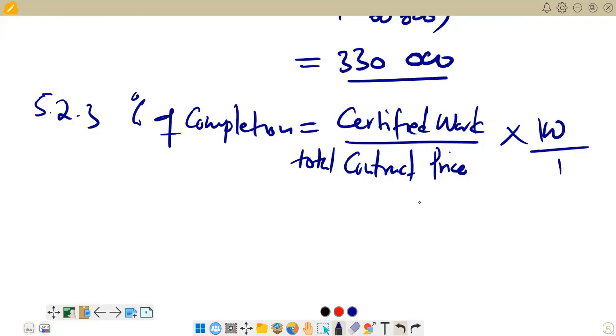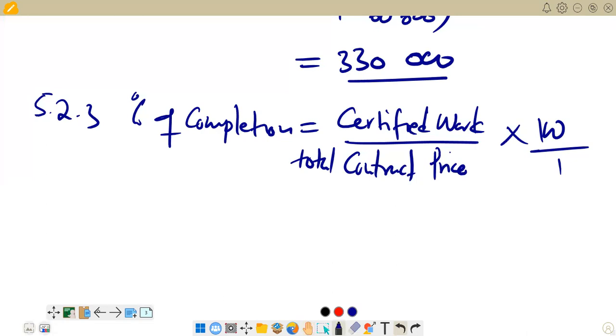That's how we are going to find the percentage of completion. Remember, we are supposed to present it as a percentage, so we are going to multiply by 100 over 1. So it's just a matter of going there in the question and trying to find out the figures that we have for certified work, and then the figure that we are having for total contract price.